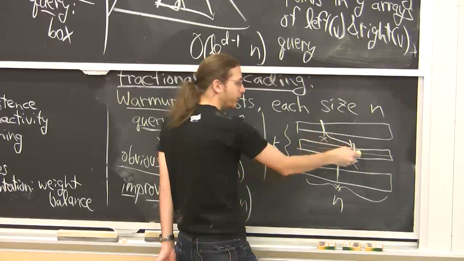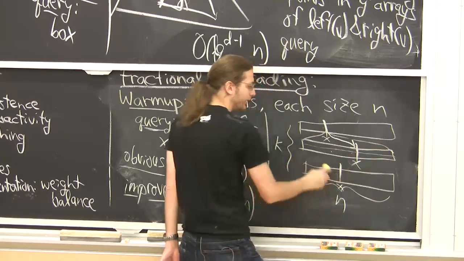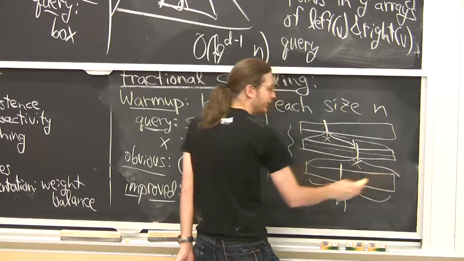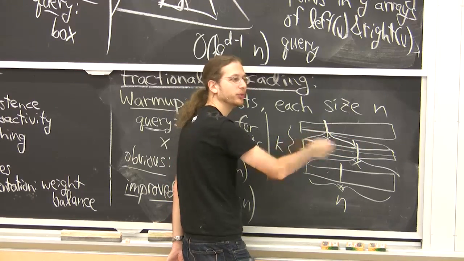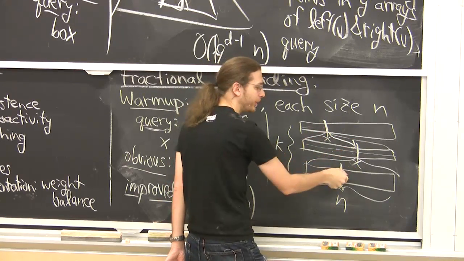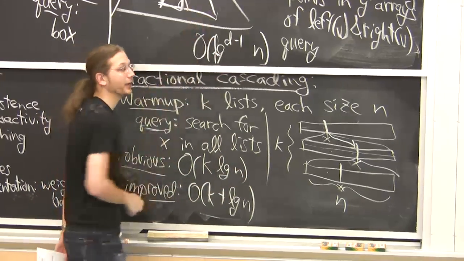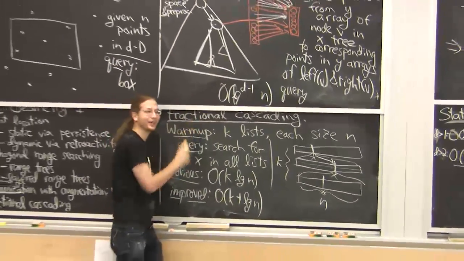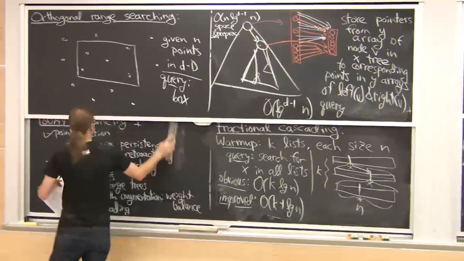So how do I know where to go in this giant list? If these all fit in here, and recursively these all fit in here, then by searching up here, I learn nothing about where x fits in here. I have to do another search, and then I learn nothing about where x fits in the next one. So it doesn't work straight up. But if we combine this idea with fractional cascading, then we can do it. So I can erase this now.